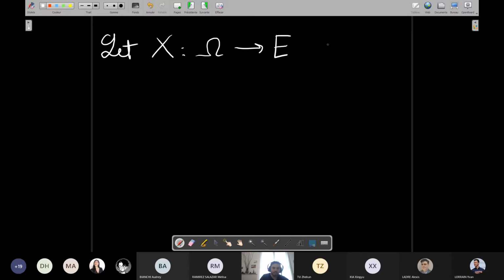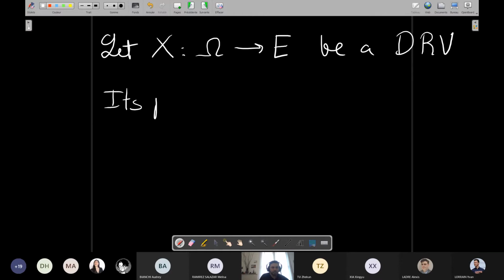What else? Definition of a probability distribution function of a random variable. If you have a random variable X which is discrete, you can define the probability distribution function. So let X be a discrete random variable, for example the result you get by launching a dice.